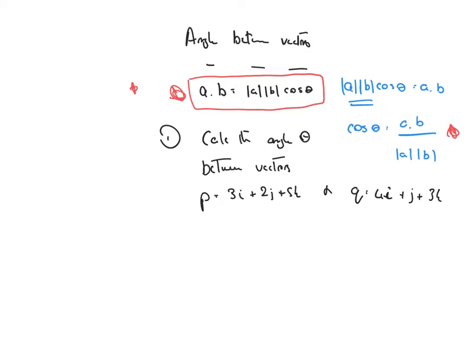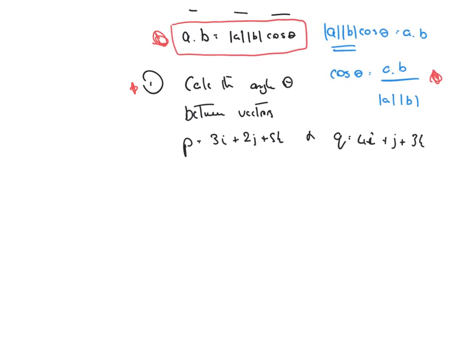Okay, so my first move is to calculate the scalar product using the component form. P dot Q is going to be equal to, well, the vector P in column vector form is 3, 2, 5, and the vector Q is 4, 1, 3.